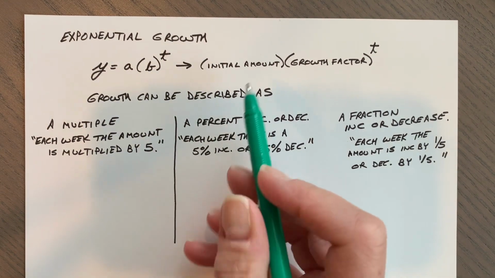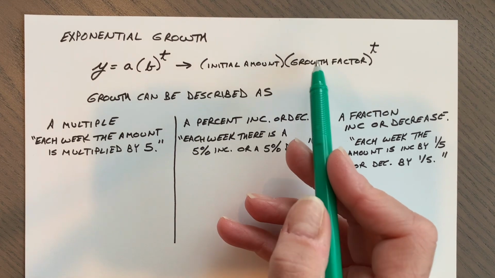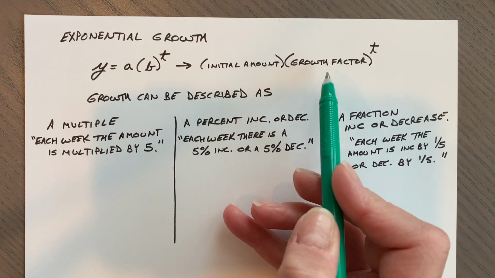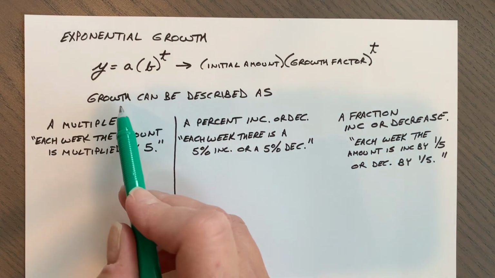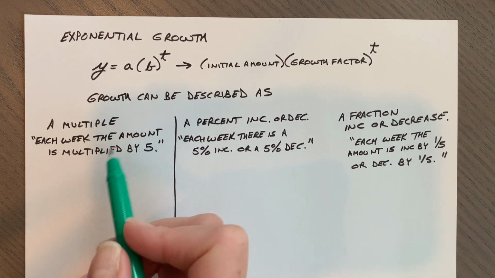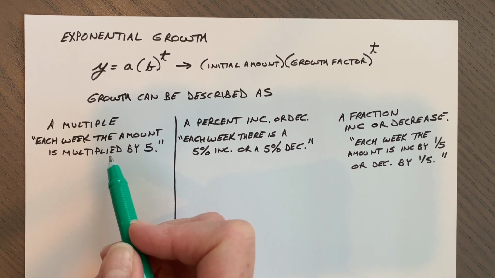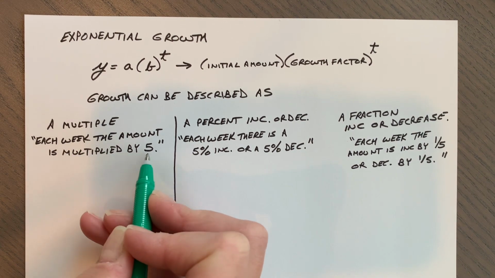Now, there are some different ways that we can describe the growth, and so different ways we can generate what this growth factor is. So one way we can describe growth is just with a multiple. For instance, you could say each week the amount doubles or triples or is multiplied by 4. Here, let's consider each week the amount is multiplied by 5.